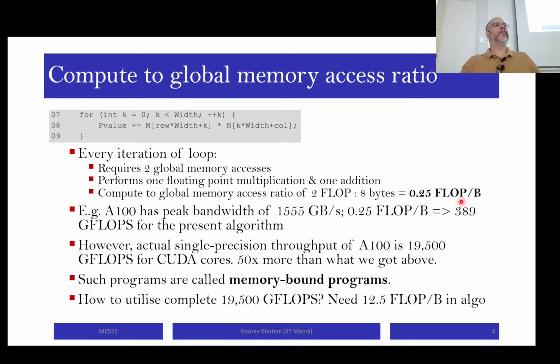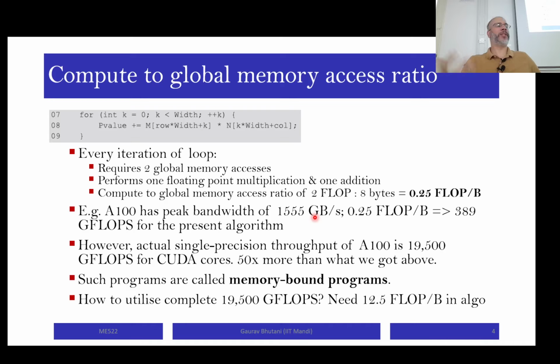Okay. So this is very easy to quantify seeing the algorithm. Now let's look at an example. So the NVIDIA A100, which we have been talking about a lot, has a peak bandwidth of 1,555 gigabytes per second. So bandwidth is how fast information can travel.